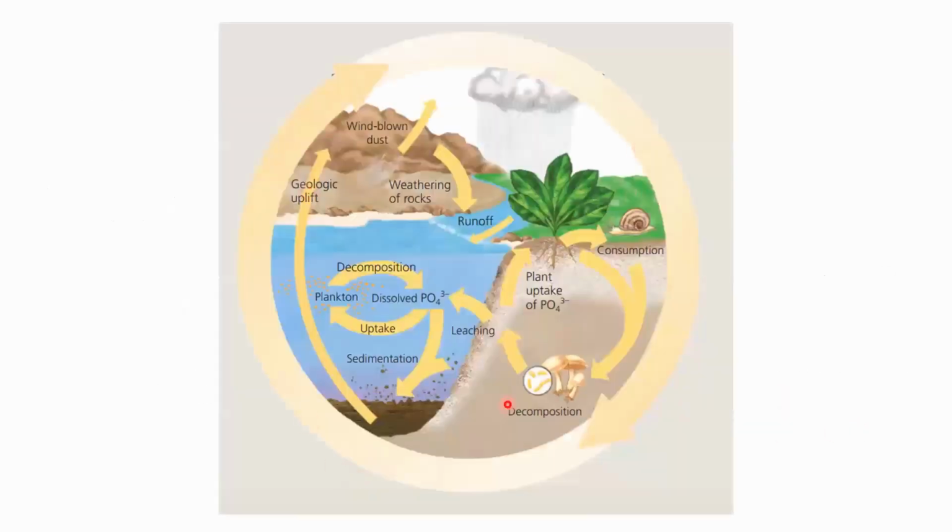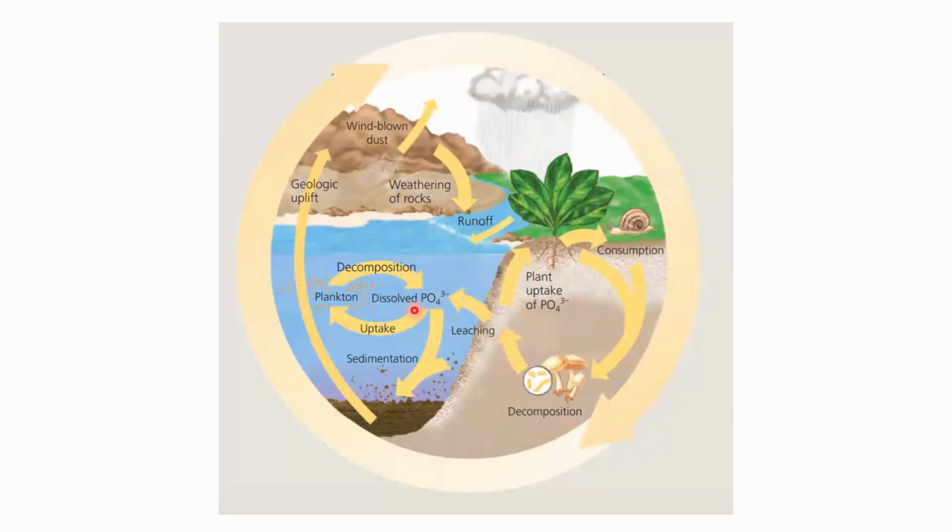So this is a basic phosphorus cycle, where if I start from the plants, let's say, plants uptake the phosphate. These plants are then consumed by the consumers. Upon the decomposition of these plants and animals, these phosphate ions are again released into the soil, which can be taken up by the plants, or by the process of leaching, may leach into the water bodies.